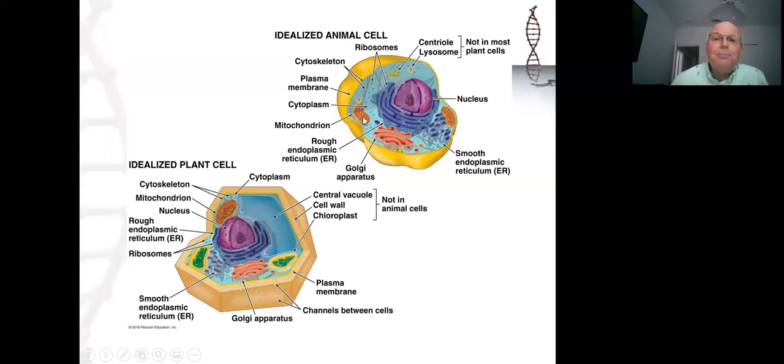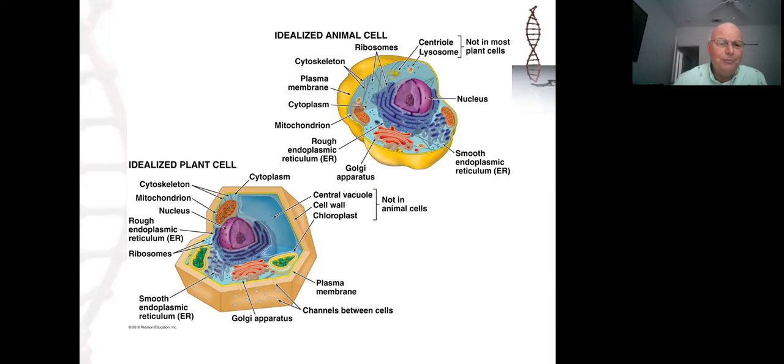Then you'll notice that mitochondria are common between animal cells and plant cells. In fact, mitochondria are common to all eukaryotic cells. And it's really important to remember that, because one of the common mistakes that freshman biology students make, whether you're taking the majors class or the non-majors class, is to think that plant cells have chloroplasts, animal cells have mitochondria.